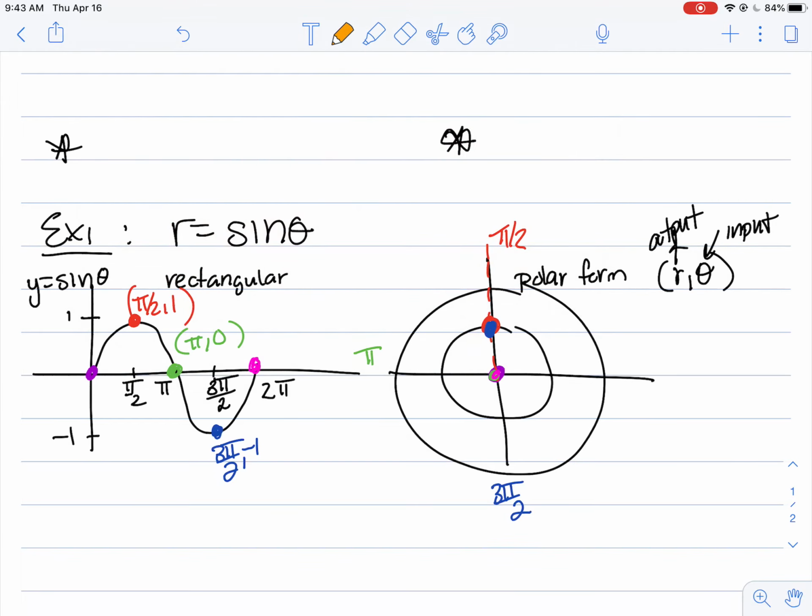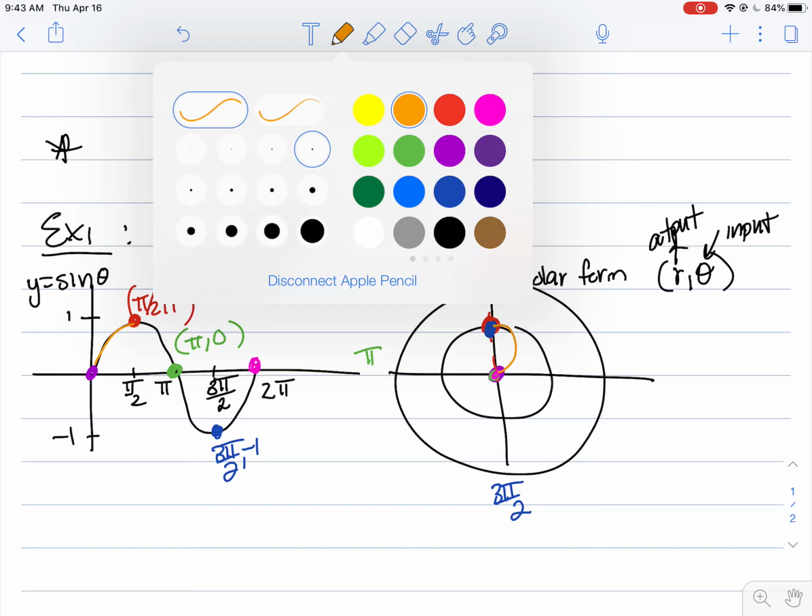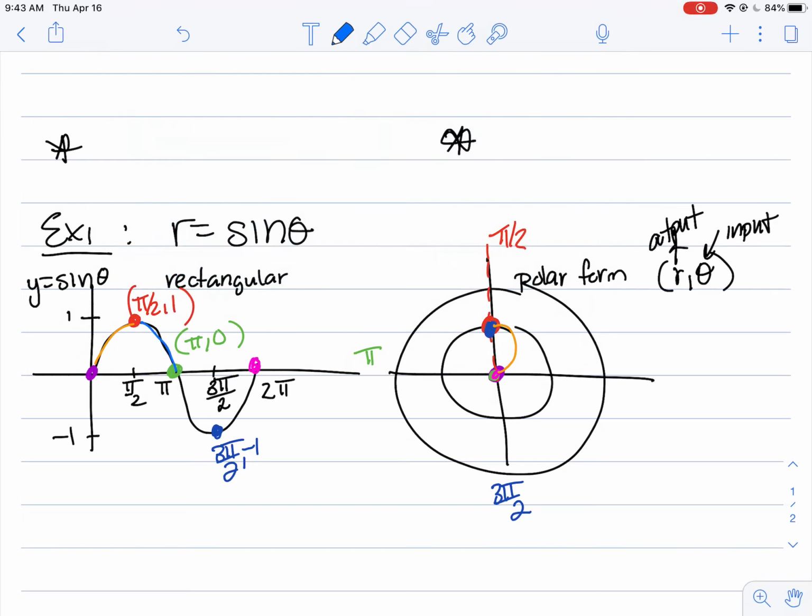In between 0 and pi over 2, your output is getting larger and larger. It goes from being 0 to getting bigger and bigger. And then from pi over 2 to pi, it actually starts getting smaller and smaller. So what we end up with is a circle.